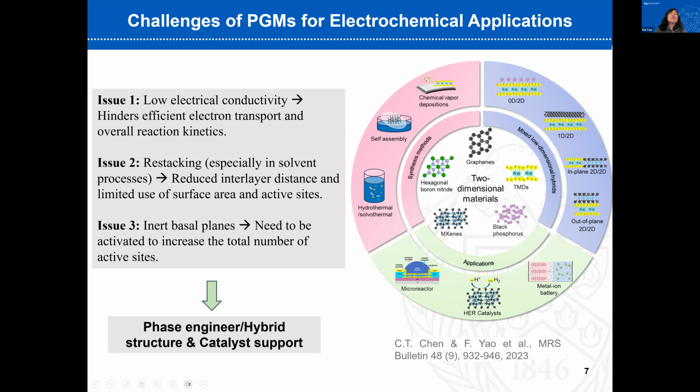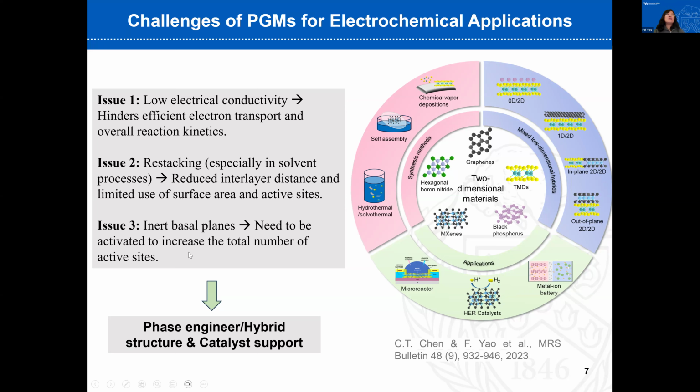Another one is the restacking issue, just like the graphene, especially in the solvent process, all right? Such restacking will lead to the reduced interlayer distance and limited use of the surface area and active sites. The last one I want to pinpoint here is the inert basal planes, especially for catalysis.